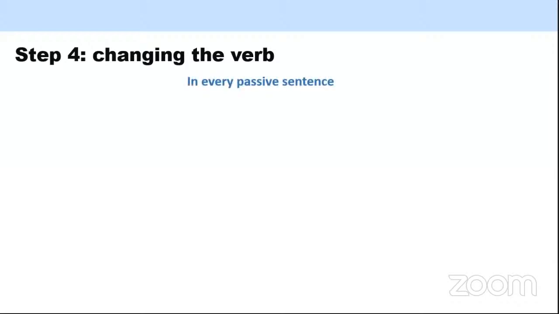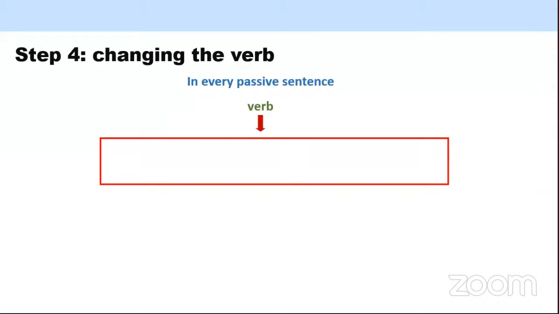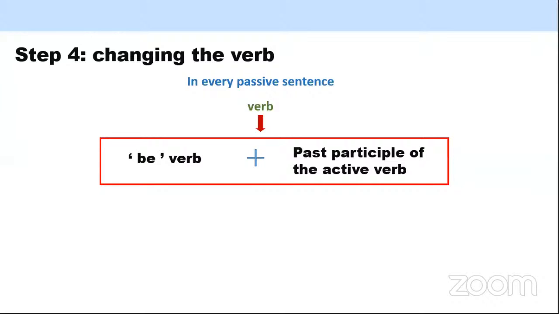Let's see. Remember, in every passive sentence, the verb contains a be verb plus past participle of the active verb.